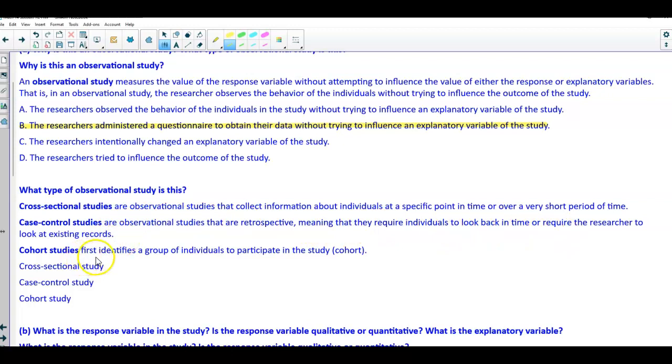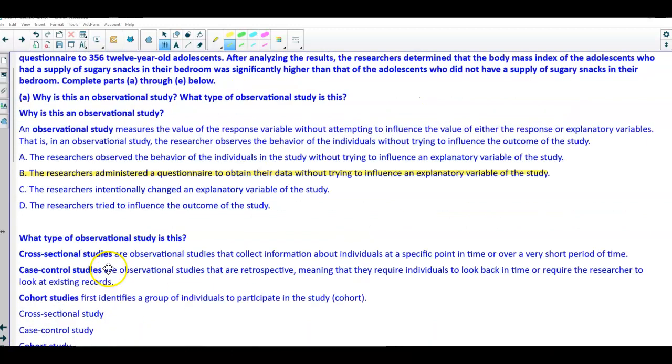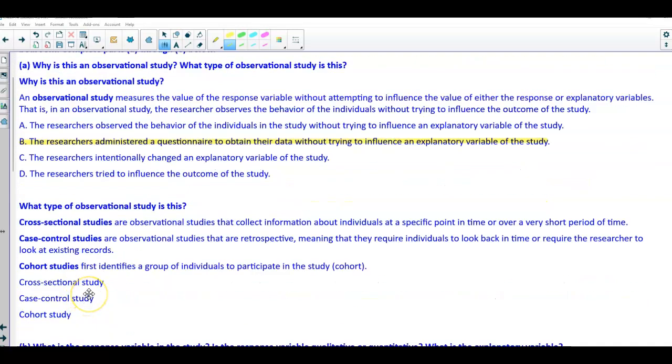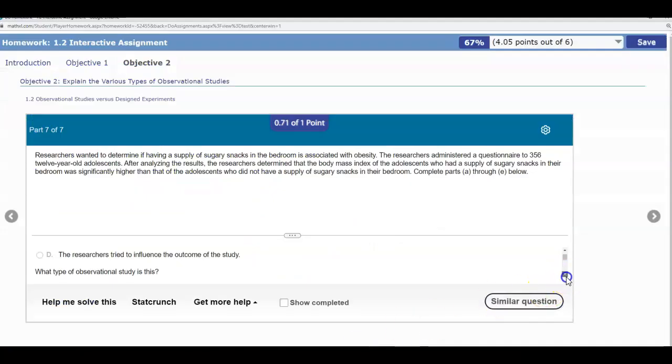And then cohort studies first identify a group of individuals to participate in the study, meaning the cohort. Well, if we go back to the question, they're collecting some data about individuals at a specific point in time or over a very short period of time. Therefore, we're going to say that this is a cross-sectional study. So therefore, our answer is going to be a cross-sectional study.